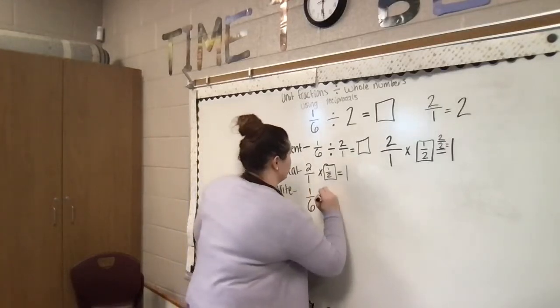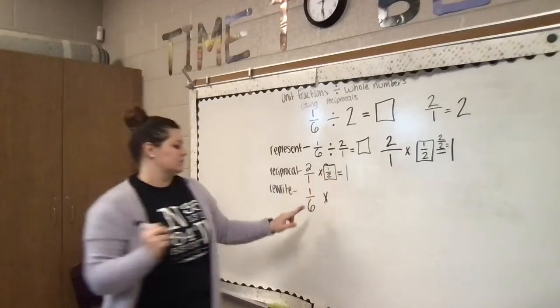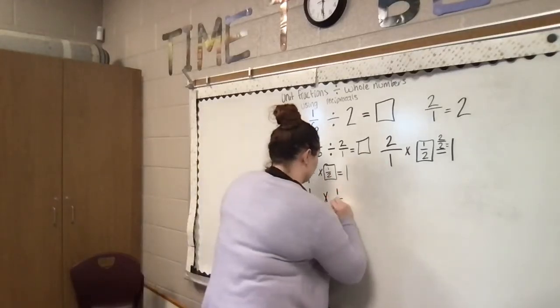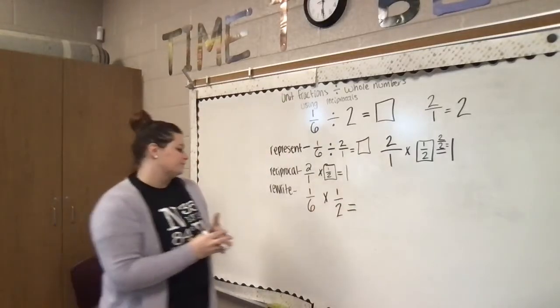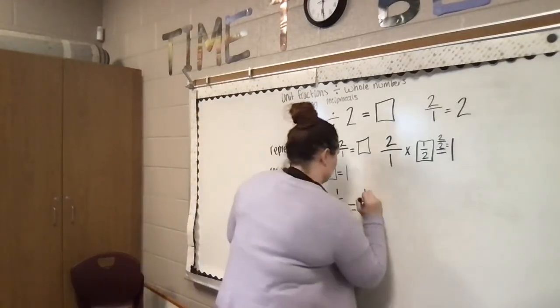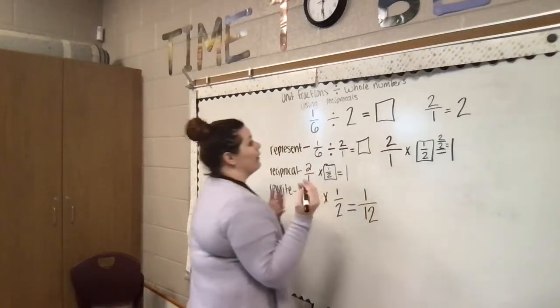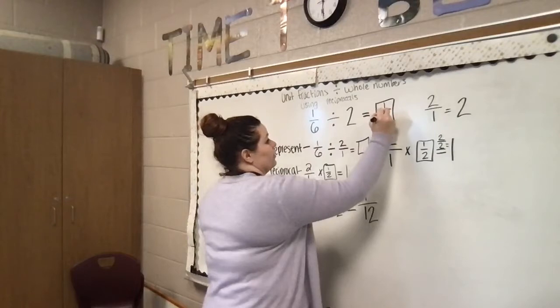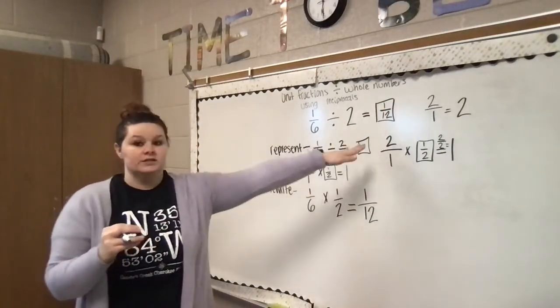We're changing it to multiplication, and we're going to multiply by the reciprocal that we found in the box. So 1/6 times 1/2. Now we can just multiply across to get our answer. 1 times 1 is 1. 6 times 2 is 12. So our answer is 1/12. 1/6 divided by 2 is 1/12.